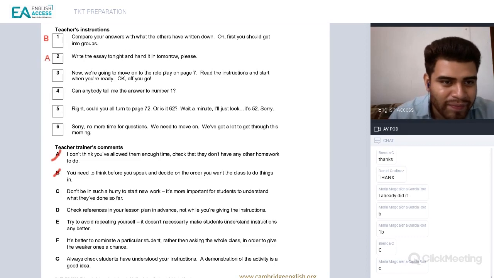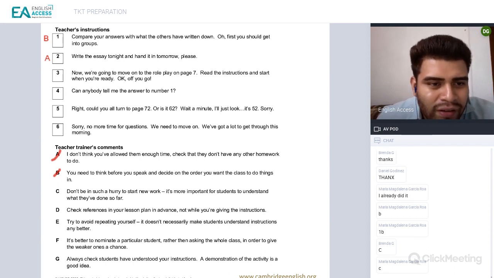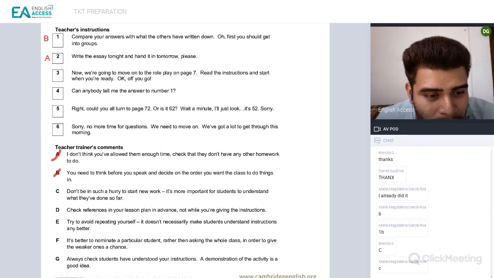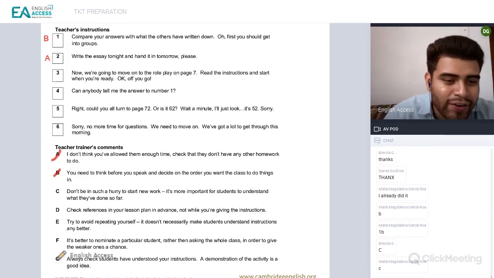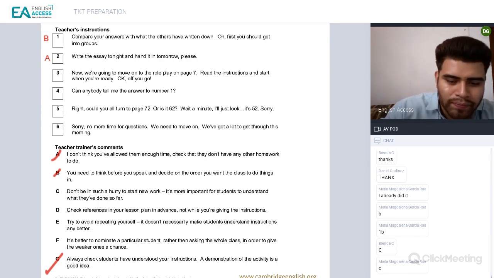He said, now we're going to move on to the role play. Don't be in such a hurry to start new work. Maybe letter G. It is letter G, yes.